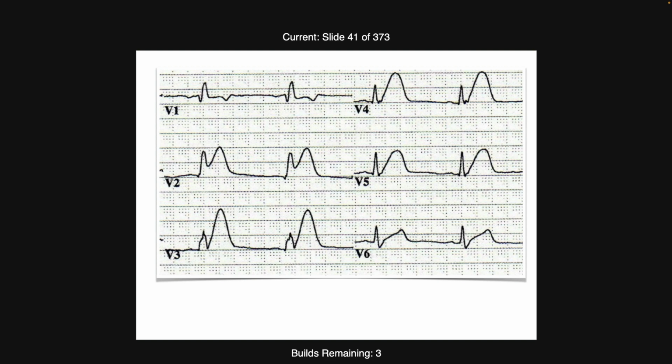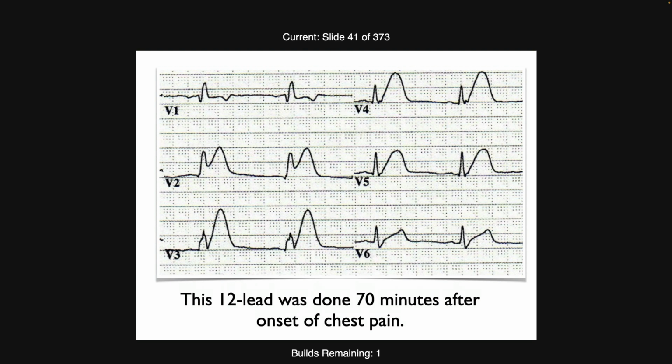So now this is even more indicative. Before we were looking at the absolute amplitude of the T wave, but even more significant, to be honest, is the relative size. So let's look at how fast did these T waves develop. This 12 lead was done 70 minutes after the onset of chest pain, okay?